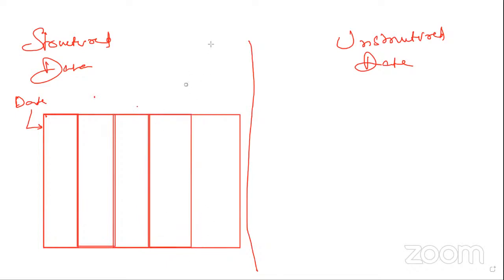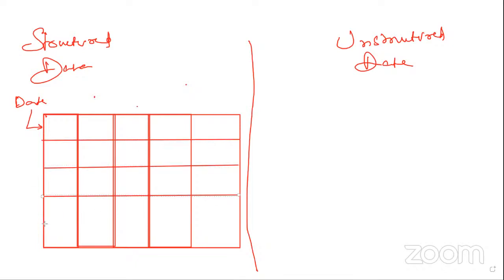In structured data, our data is in tabular fashion. So I am making a table here. This can be ID. This can be another parameter such as car color.